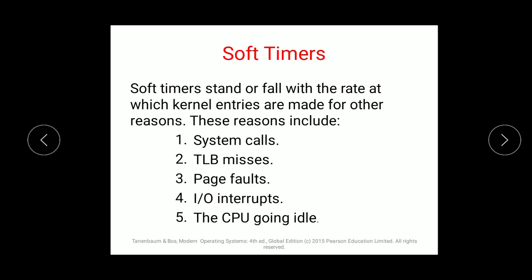As an alternative, when the kernel is running to carry out a task, just before it returns to user mode, it checks the real time clock to see if a soft timer has expired. So the interrupt overhead is avoided.